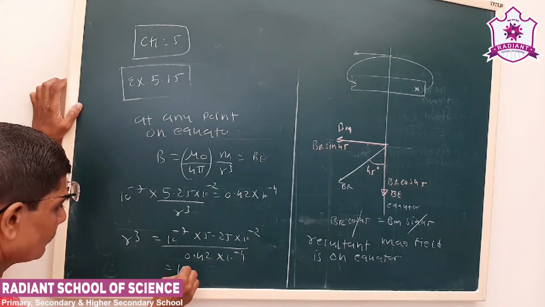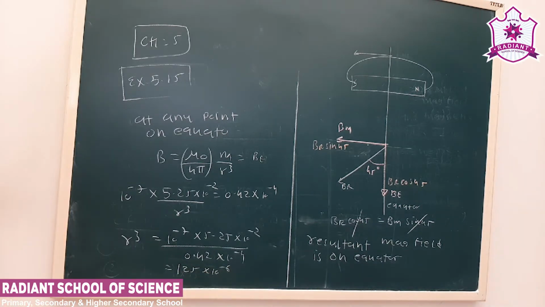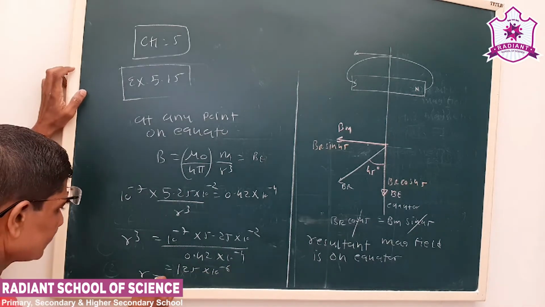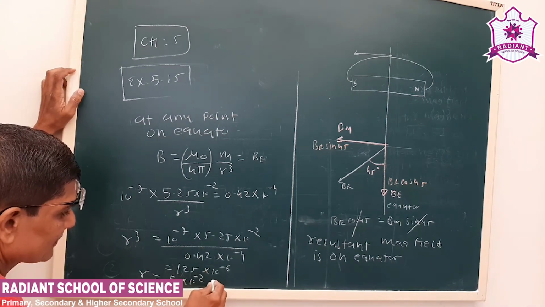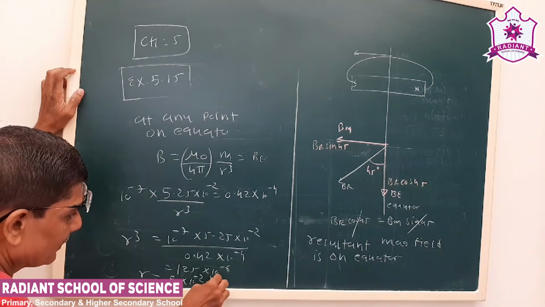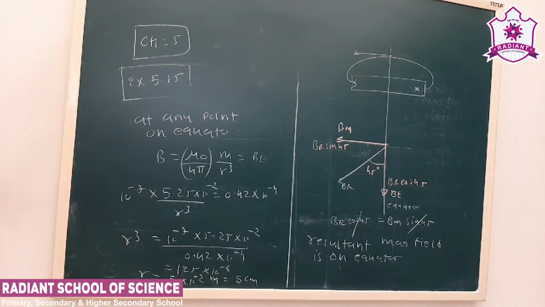That we can obtain as 125 into 10 to minus 6. Okay, final answer. So r1, see this is a perfect cube, 5. That is 5 into 10 to minus 2 meter, that will give 5 centimeter. So this is the first answer.